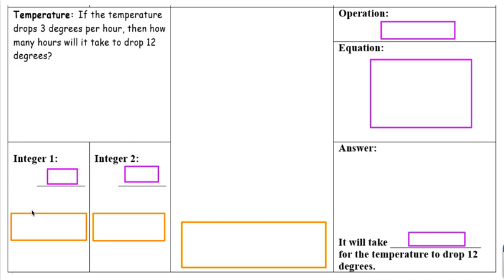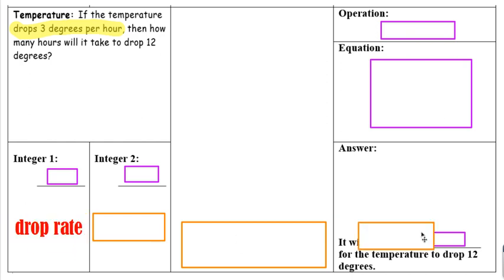So our next problem, number 4, will be the last one. It says, if the temperature drops 3 degrees per hour, then how many hours will it take to drop 12 degrees? So let's identify the integers. First, it says that the temperature drops 3 degrees per hour.